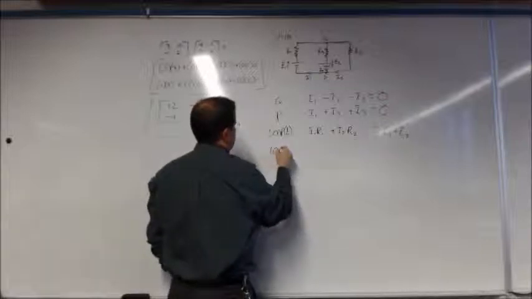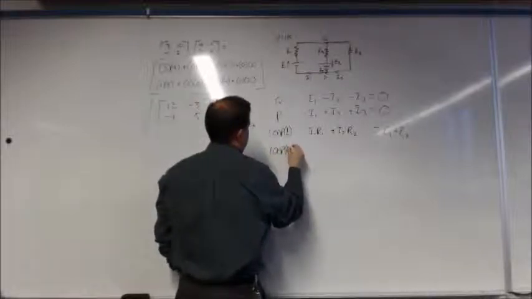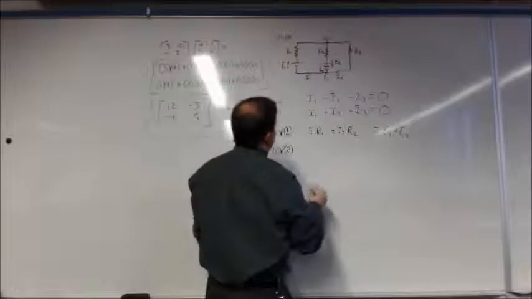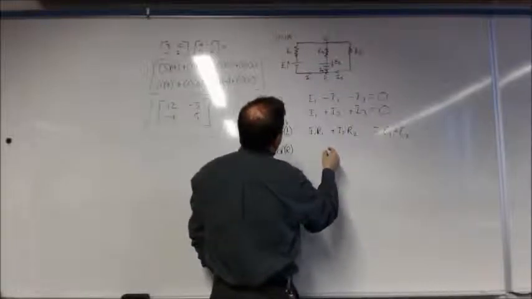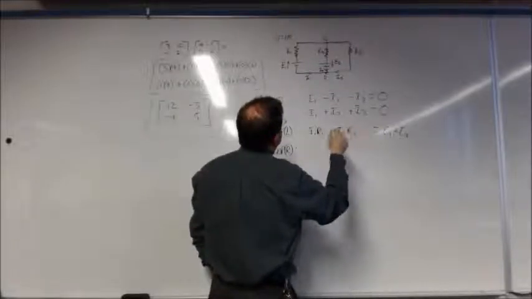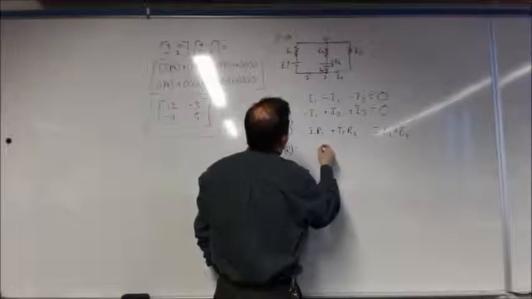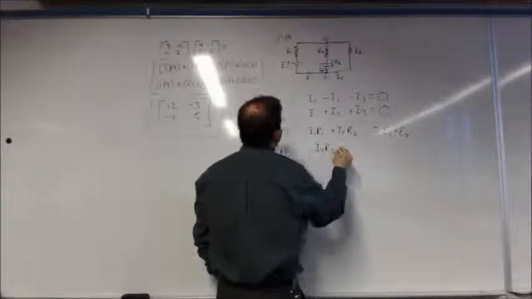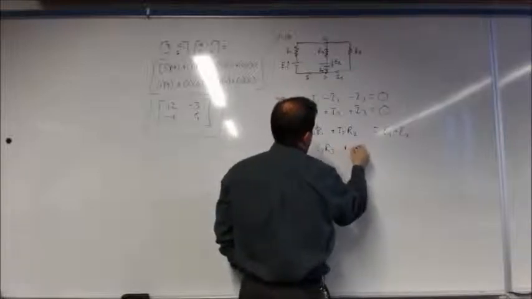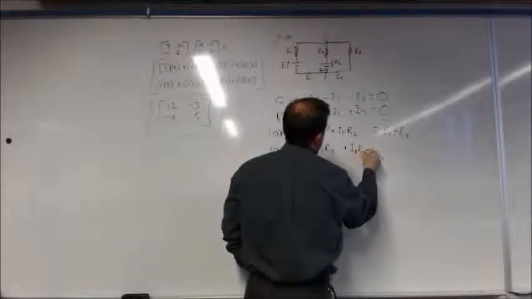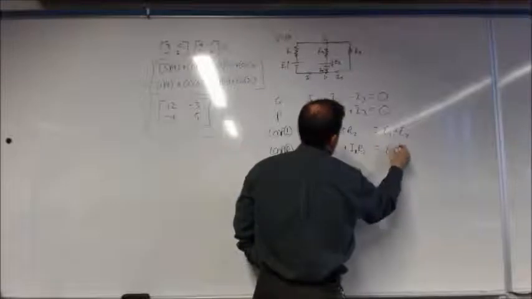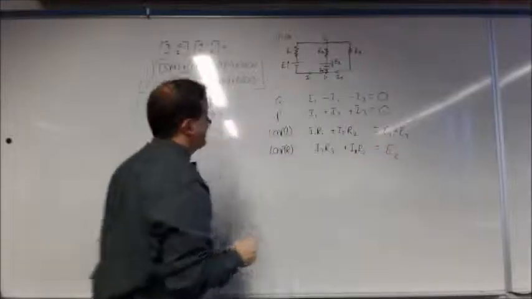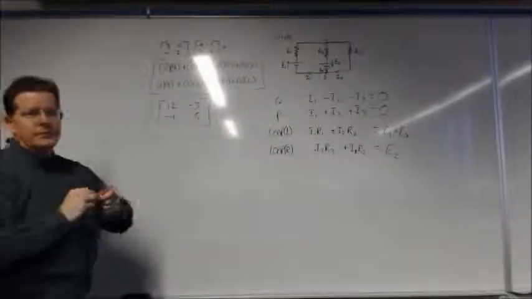And if we do the loop on the right, we've got I3 R3 plus I2 R2, and this one just equals E2, right? Does that make sense?